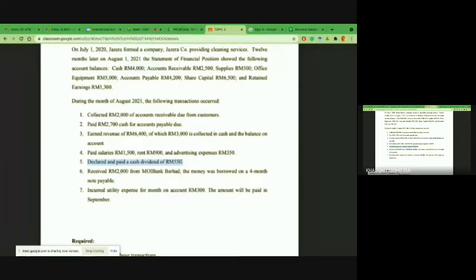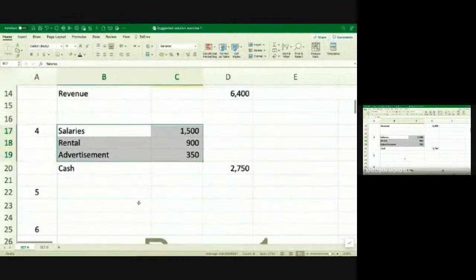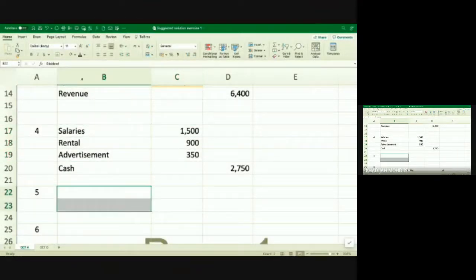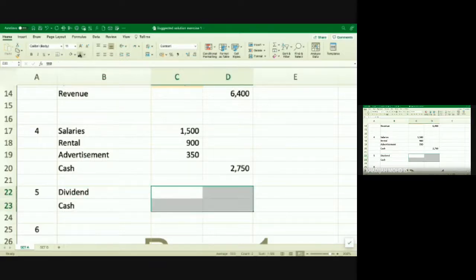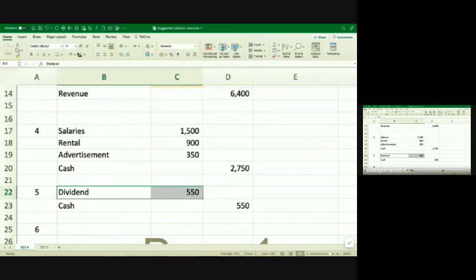But if you declare and pay a cash dividend, you debit your dividend account and credit your cash account. Okay, my question is, why is dividend debited?